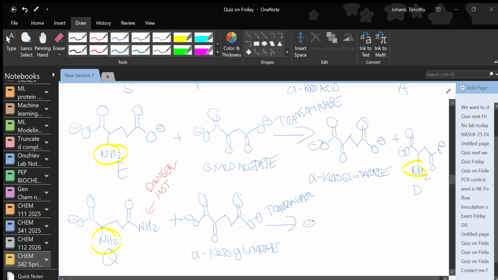And so I'm going to end up with an alpha keto, whatever this is. I don't know what the specific name for that one is. And then I'm going to end up with a glutamate because I'm going to add that amine. It goes from here to there. And that's glutamine, glutamate.